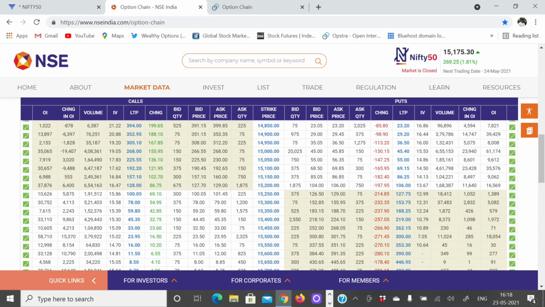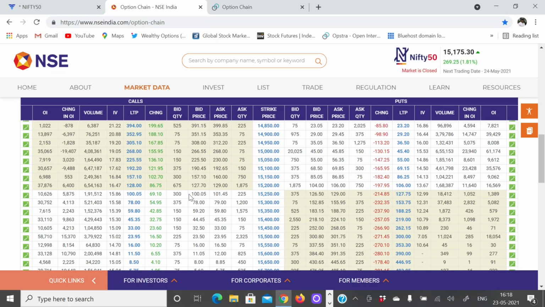If you place a market order, instead of buying at 127 rupees, it will be filled at 135 rupees. That means you are paying 7 or 8 rupees higher than your intended price. So it is always good to trade only liquid options contracts, and you can easily figure it out from the bid price and ask price.